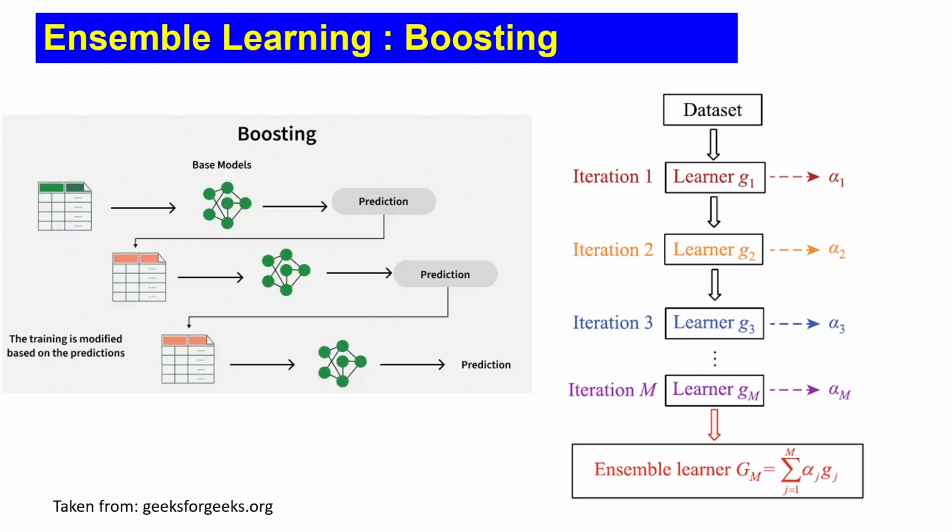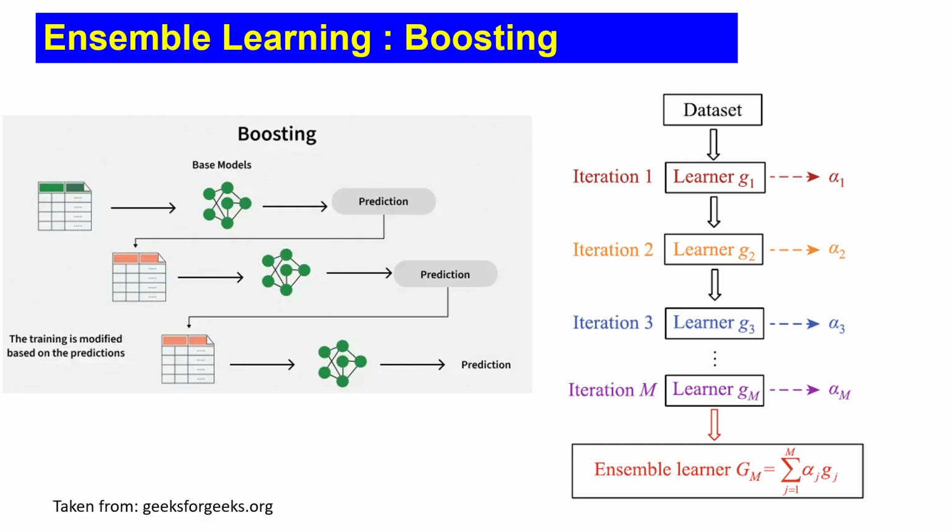But as you can see here, the right hand side of the slide shows an even better approach. We can use different learners from G1 to GM, and the basic idea is that learner G2 will learn from G1, whatever mistake has been made by G1 will be taken care of by learner G2, and it goes forward. That is the first point. The second point is you can use weights, right, alpha 1, alpha 2, alpha 3, alpha m are weights.